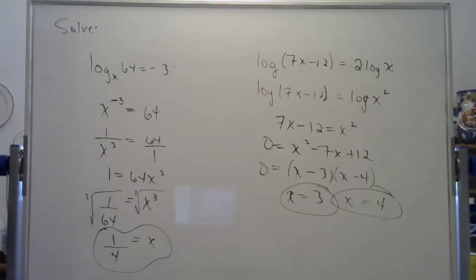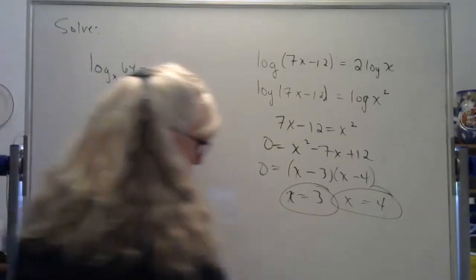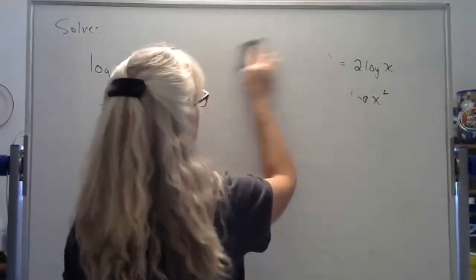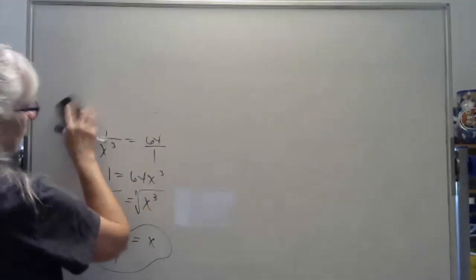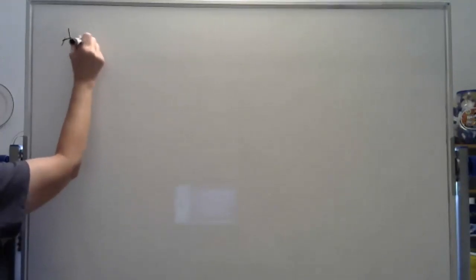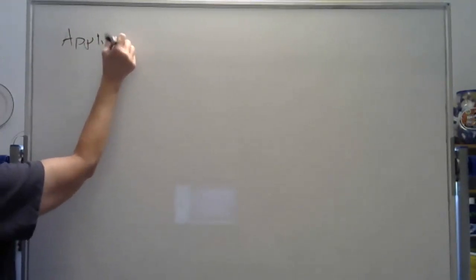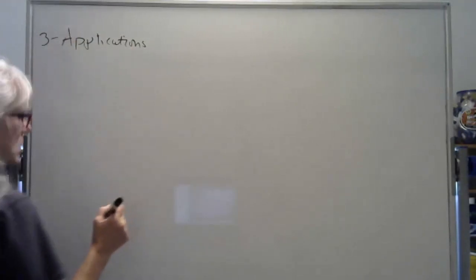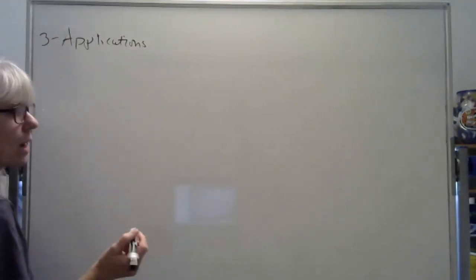Okay. And then the last 3 problems on the exam are application problems. So in terms of the application problems, and again, there are 3 of them, you need to make sure you've got your formulas memorized.